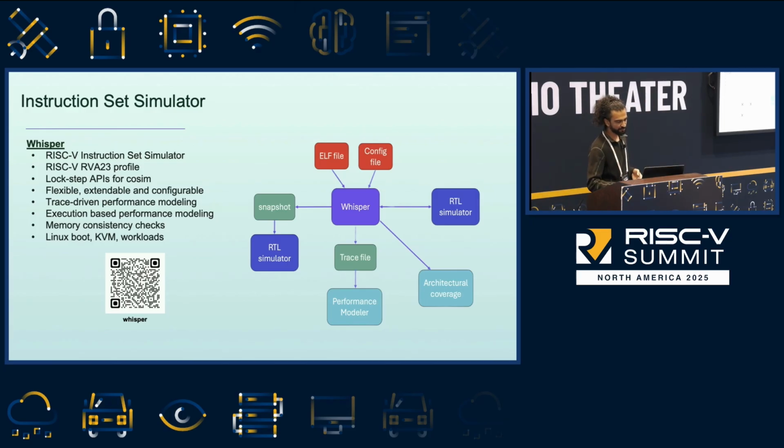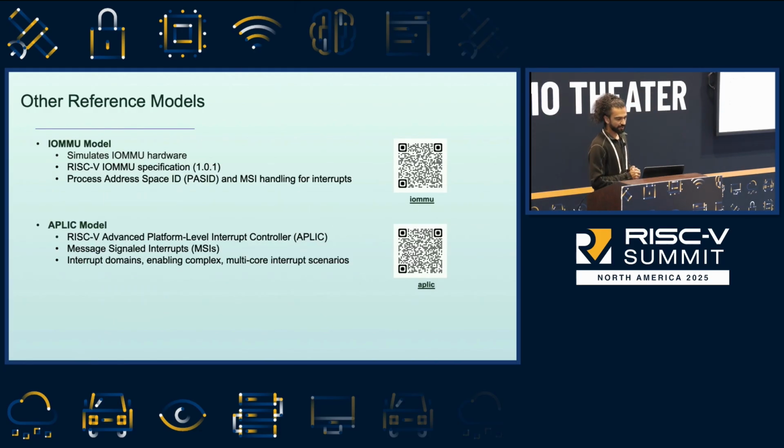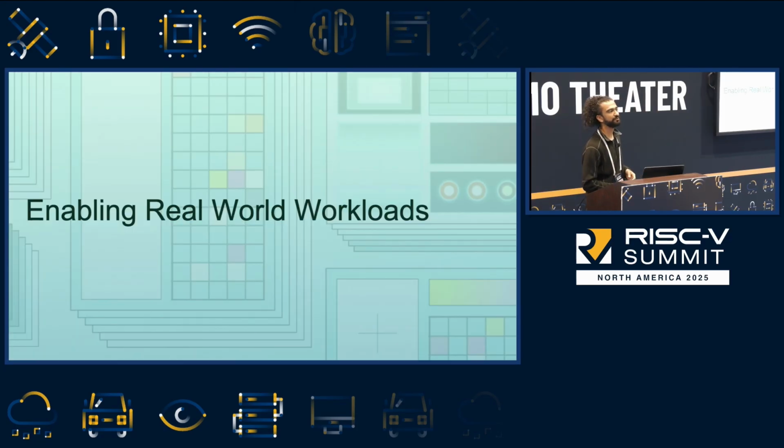It supports trace-driven performance modeling APIs and also execution-based performance modeling APIs. You could run Linux, KVM, and other workloads right on top of it. We also have other reference models, IOMMU and APLIC, available on our GitHub repository. So definitely check out all the reference models available from Tenstorrent's repository.